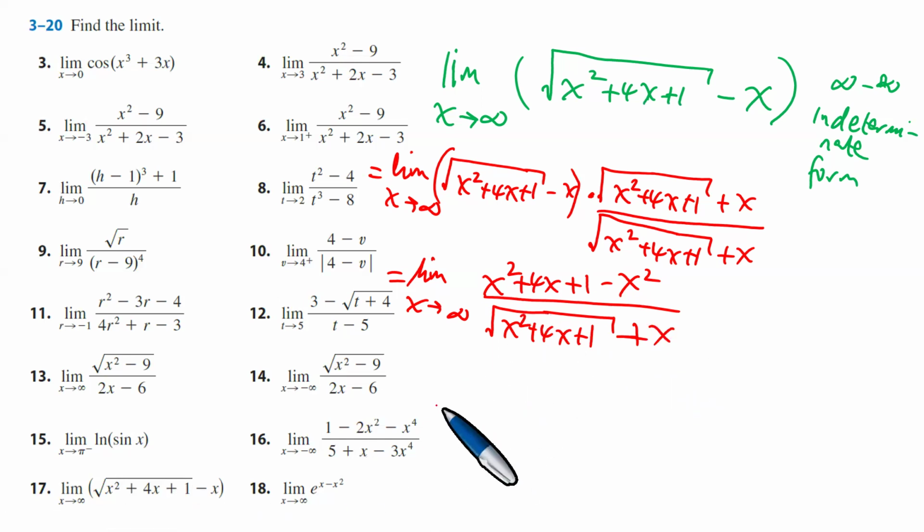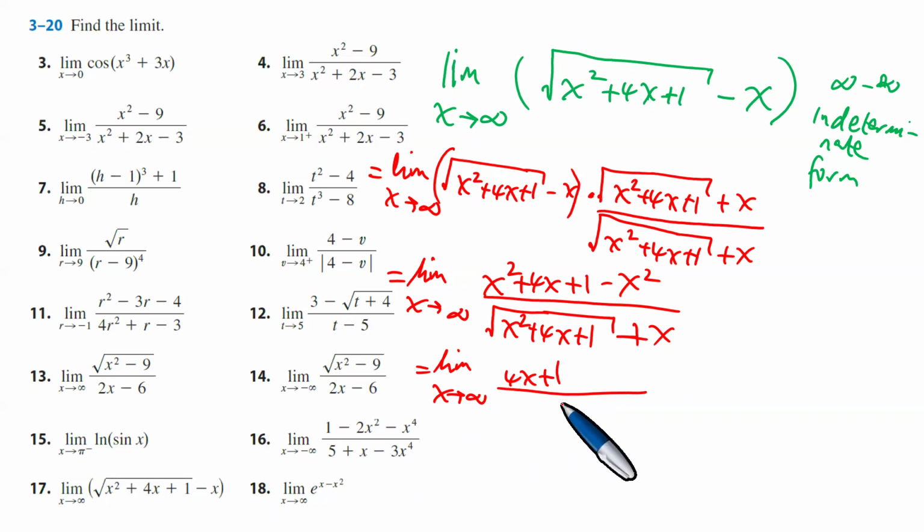Okay, so the x squared cancels out, which leaves 4x plus 1. Okay, so you get to this point.